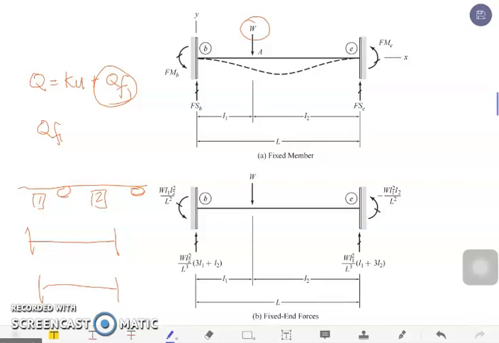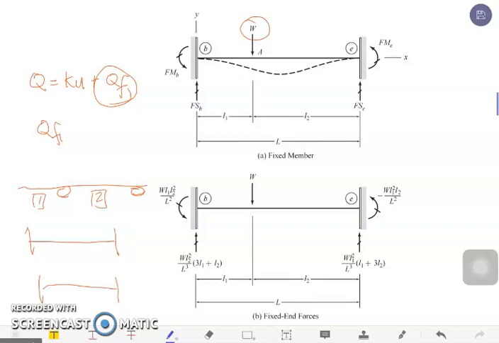As we assumed, we are going to identify the forces that will be acting. You have the shear force in the vertical direction at the beginning of the member, and the moment force at the beginning of the member.